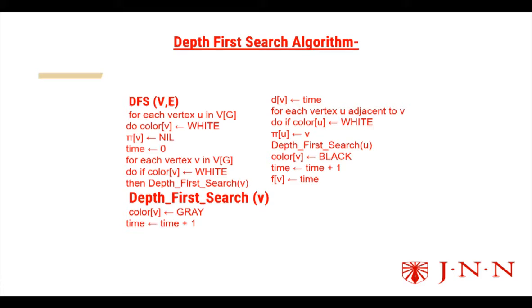So here, the predecessor is the very first starting node, which will act as a vertex v. Then the next immediate white node will act as a vertex u.